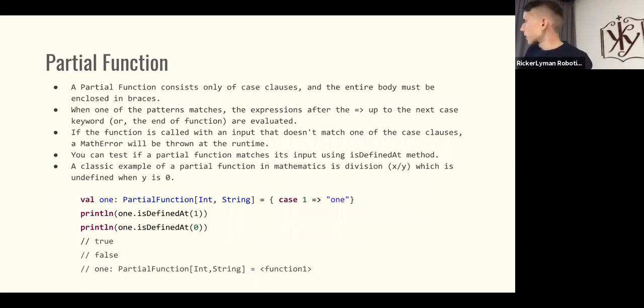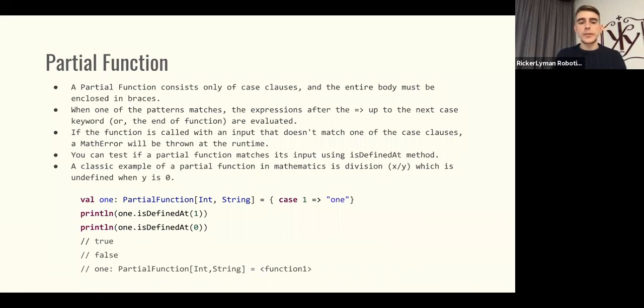For instance, this function works only for the supplied value 1. And if we supply value 2, it will fail basically. And there is a method defined at to check whether a function is defined for such an argument.